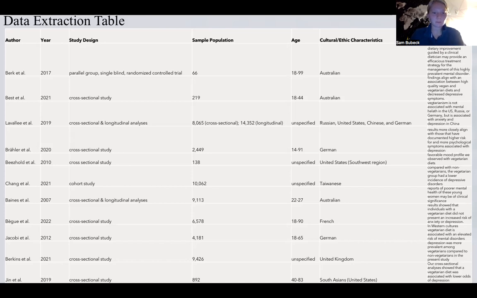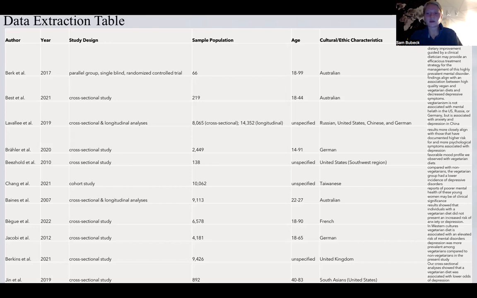Interesting. Continuing on, I have a cross-sectional study from 2020. It's larger, but not as large as the multinational study before. 2,449 sample population. The age group was specifically 14 years old to 91 years old, and it was in German populations.